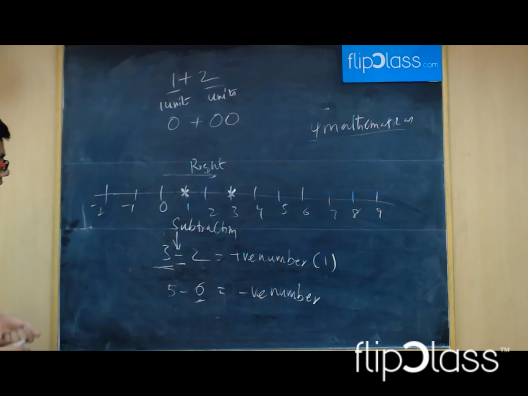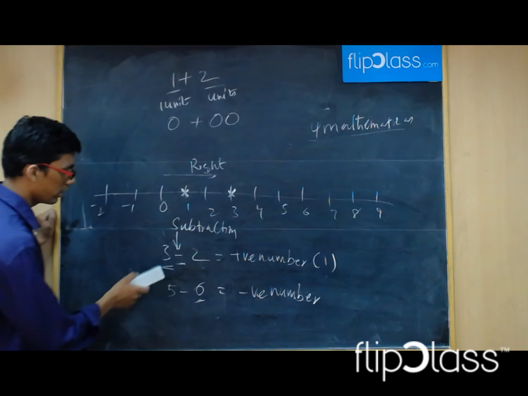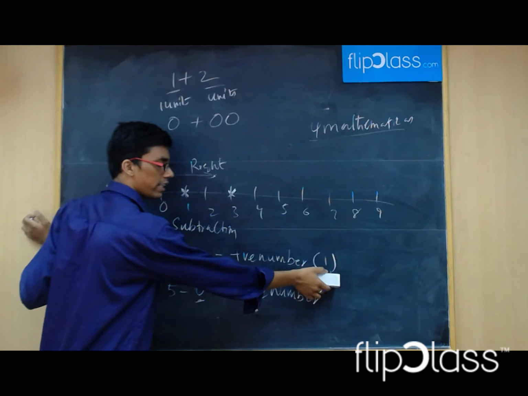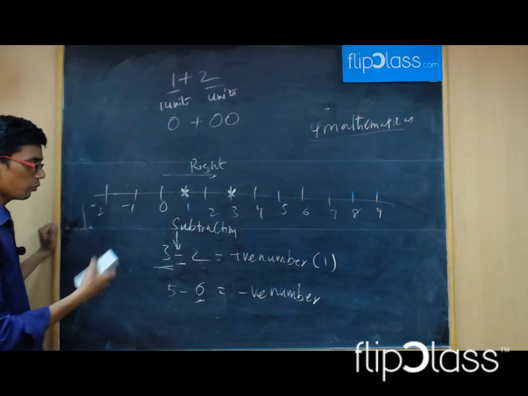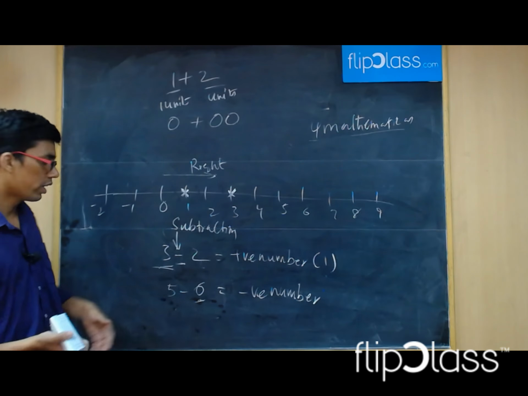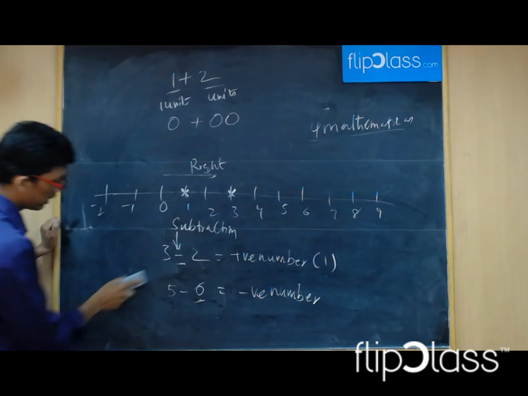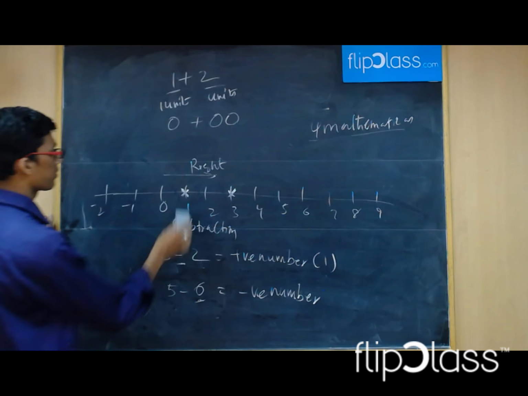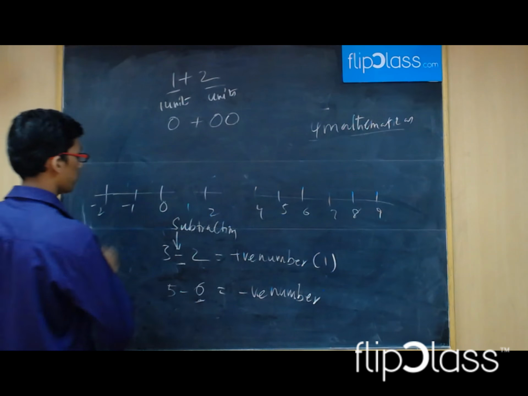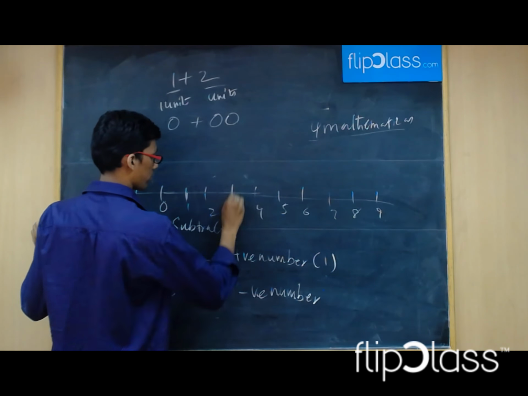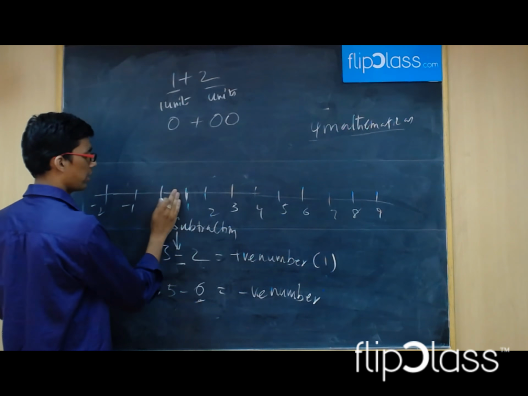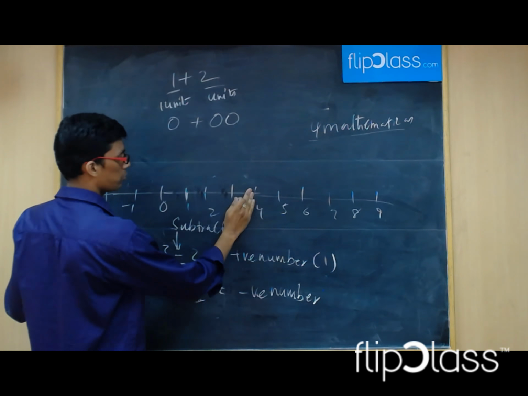Fine. Now we have seen that when a lower number is subtracted from a higher number, the result is a positive number. Now let us see what happens when a higher number is subtracted from a lower number. Let us take the example of 5 minus 6. We have 5 units from 0: first unit, second, third, fourth, fifth unit.